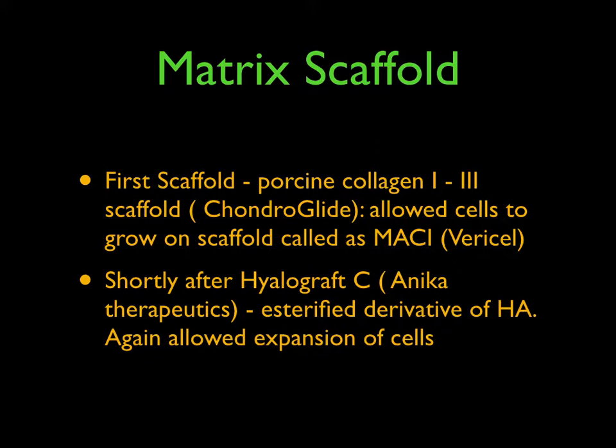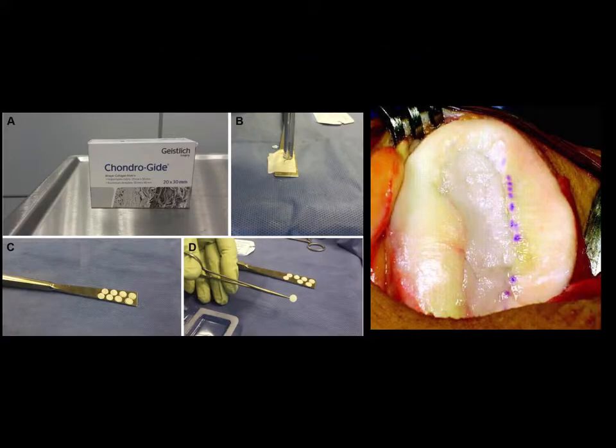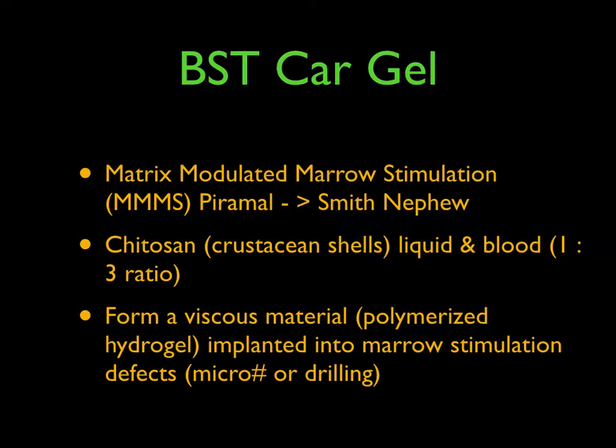Shortly afterward, Anika Therapeutics came in with a hyaluron-based scaffold called Hyalograft. We had a lot of discussion about hyaluronic acid in the morning, and these were in sync with this whole thing. So this is how the Chondroclite used to look. You'll see that all the defects could be made, and there were sheets on which these things were grown.